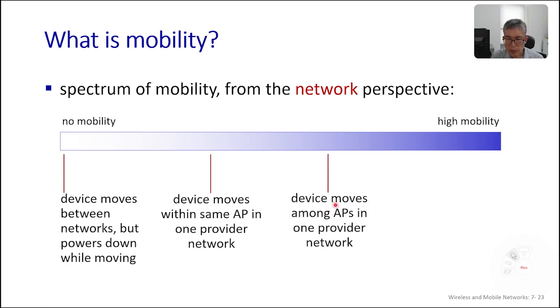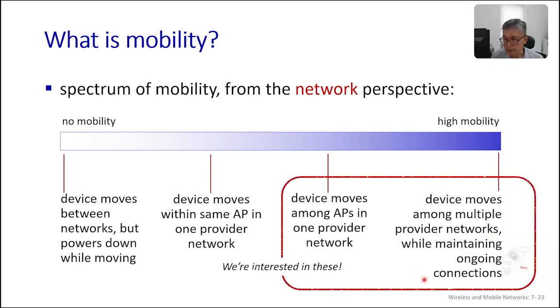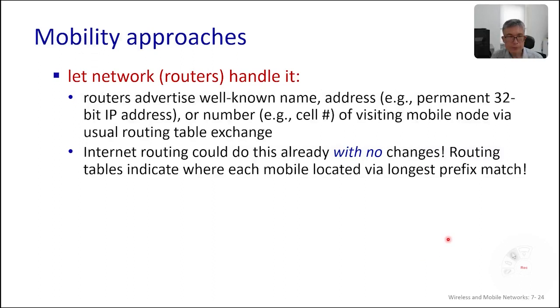Higher mobility means the device moves among access points in one provider network. And high mobility means the device moves among multiple provider networks while maintaining ongoing connections. So we are interested in both of these mobility scenarios.